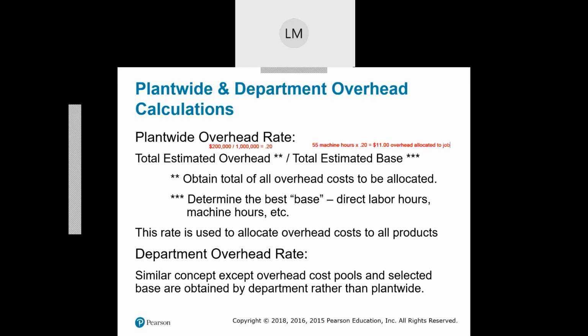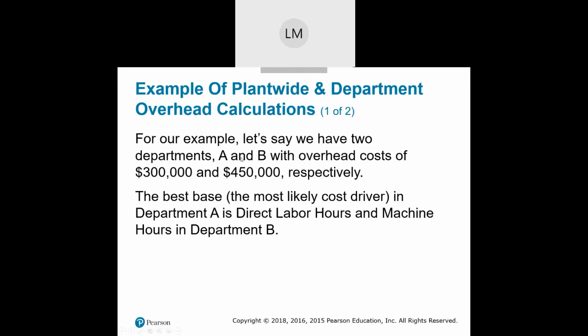So let's go here and let me find my mouse because I keep losing it. Okay, so for our example, let's say we have two departments, A and B, with overhead costs of $300,000 and $400,000 respectively.